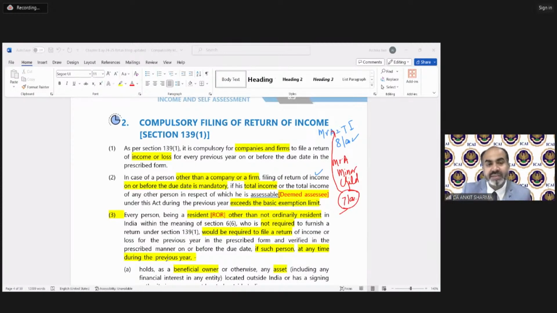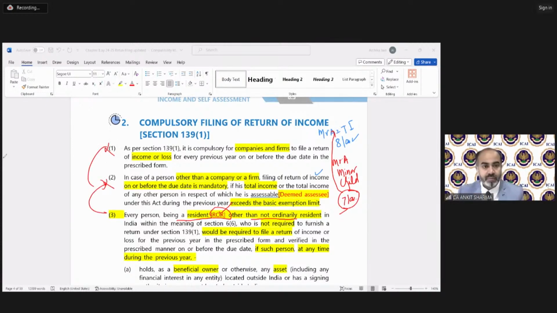The third category says every person being a resident and other than not ordinary resident. That means we are talking about the ROR in India, within the meaning of section 6, who is not required to furnish a return under section 139(1). Those do not fall in category 1 or category 2.